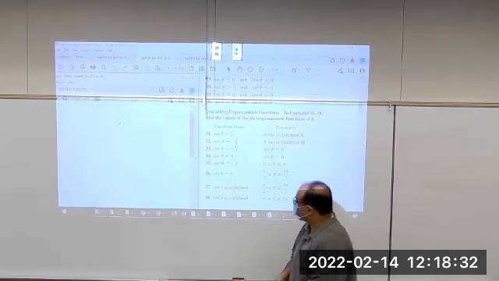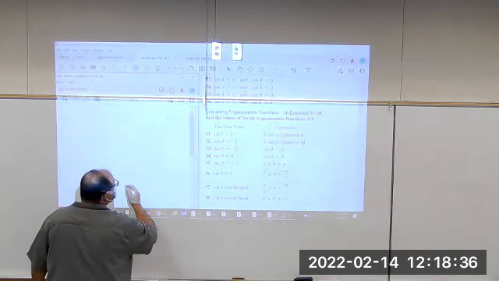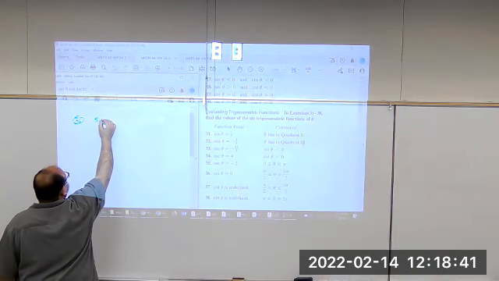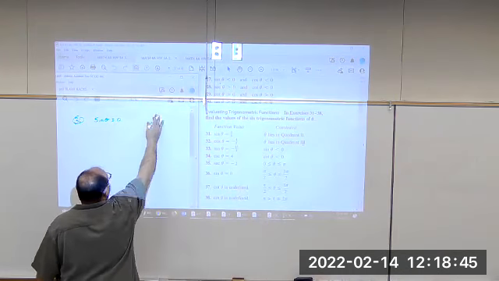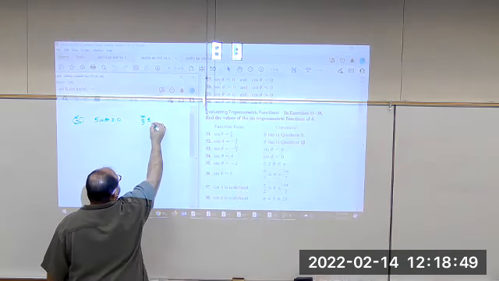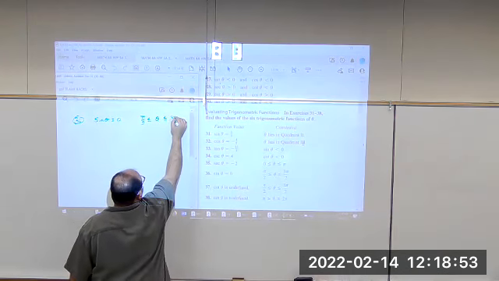Let's do 36. Sine of theta is equal to 0, and we are told pi over 2 is less than or equal to theta, which is less than or equal to 3 pi over 2.